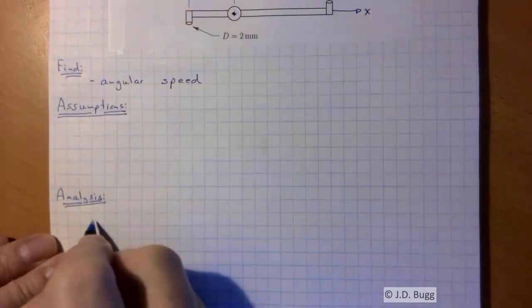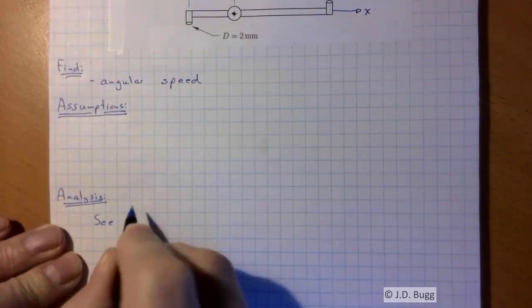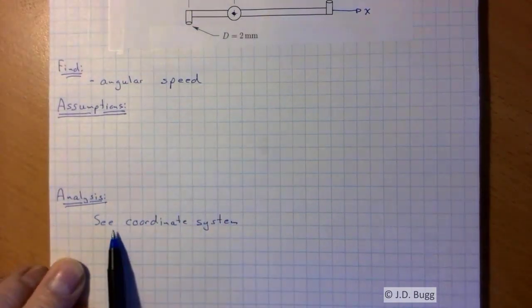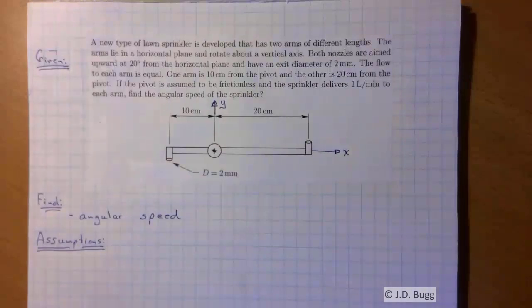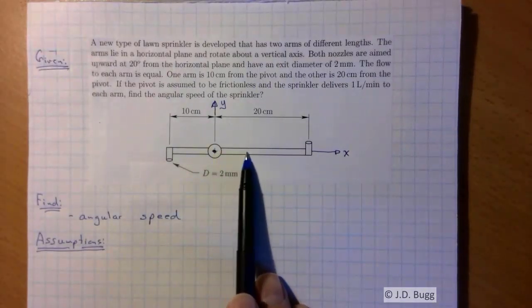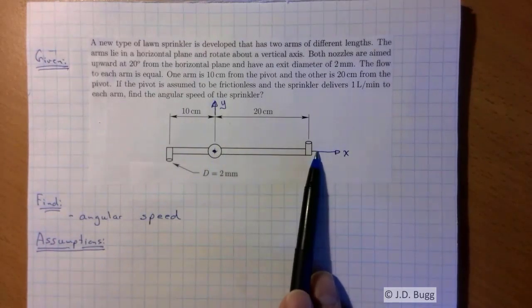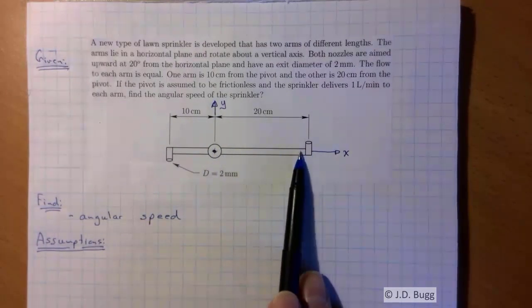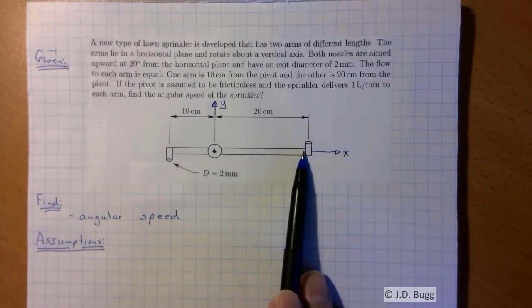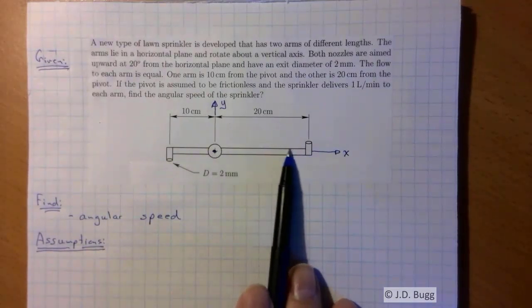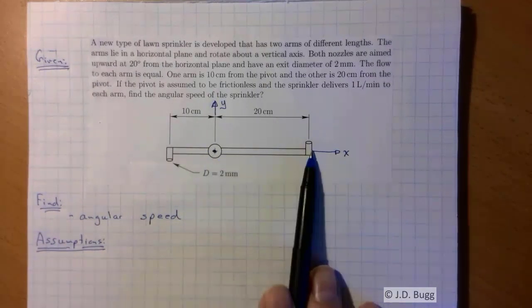A very important point we have to make about this coordinate system is, even though I've drawn the x-axis aligned with this long arm of the sprinkler, this coordinate system is not rotating with the sprinkler. At the instant when we're looking at it, the long arm happens to lie along the x-axis.